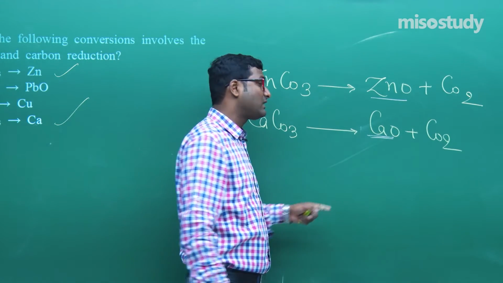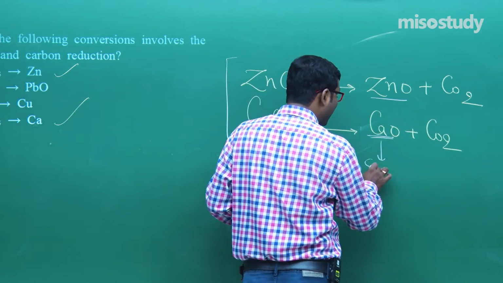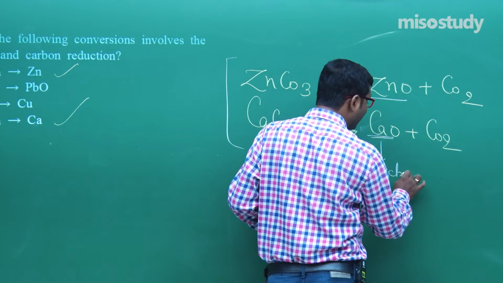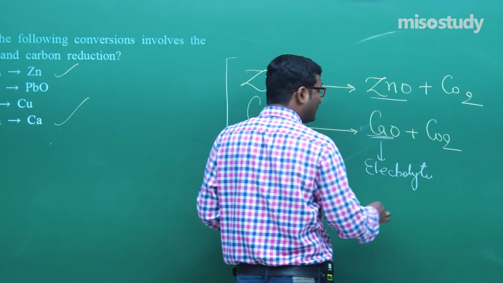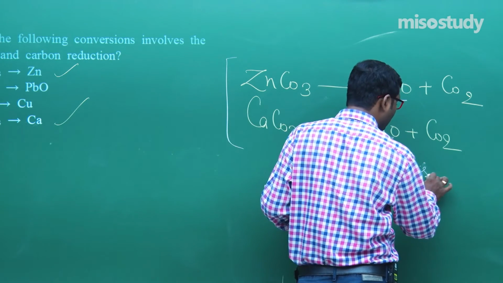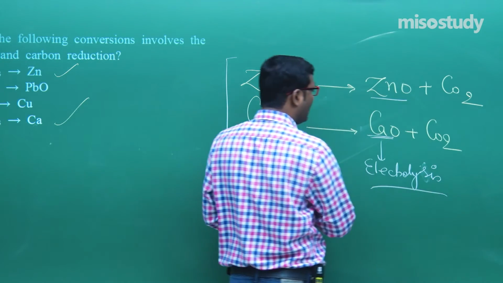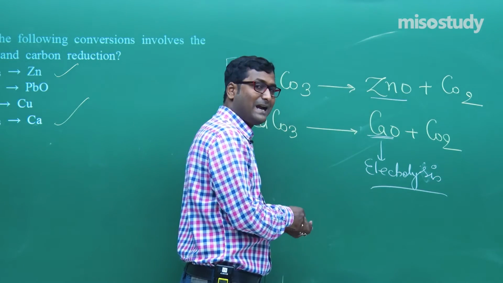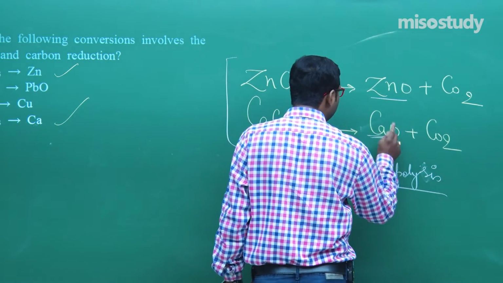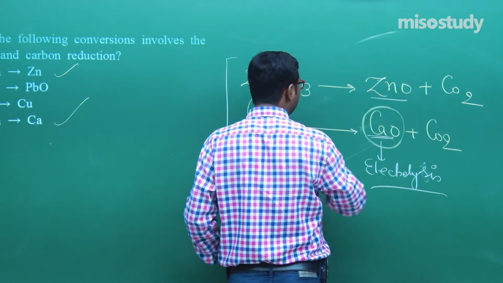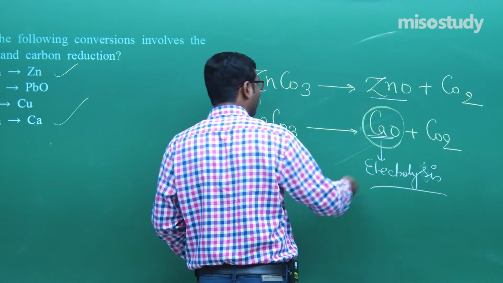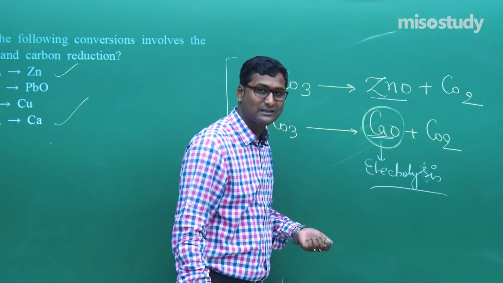In this process, what will happen? Electrolysis is a suitable method for reactive metals, because carbon cannot release oxygen easily from such reactive metals. But Zn is less reactive than alkali and alkaline earth metals.